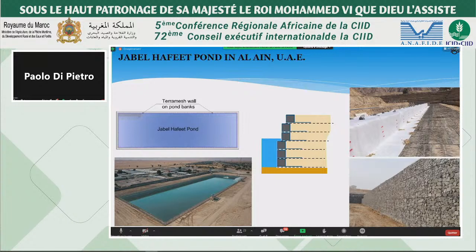Alors, par rapport à l'étang de Jebel Hafid, à Al Ain, à Abu Dhabi, aux Émirats Arabes Unis, la situation était assez différente. Nous ne devions pas faire tellement dans l'esthétique parce que c'est un étang qui a été construit pour la rétention de l'eau, pour sa redistribution ultérieure.